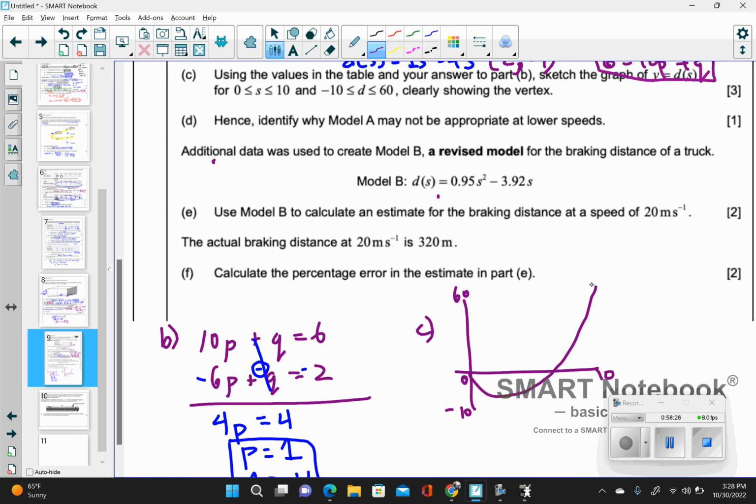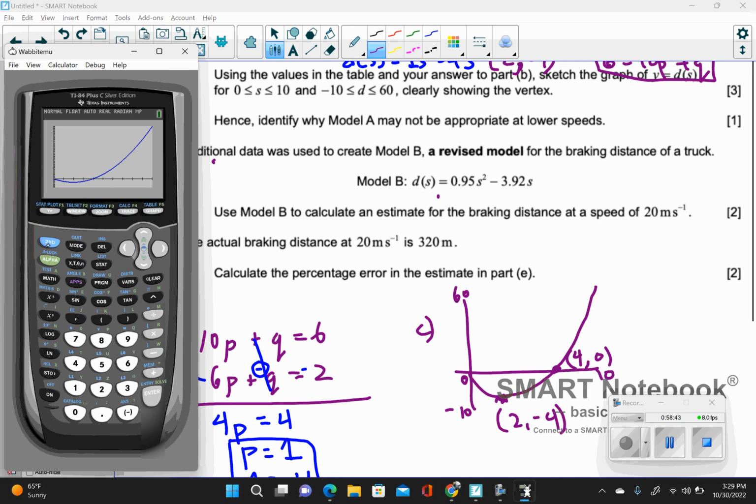And it says clearly labeling the vertex. So this point right here is our vertex, and this was at 2 comma -4. You also want to label any intercepts. So this one right here is 4 comma 0. And I can find that by going to the table. 4 comma 0. Boom. And we have full credit for part C.